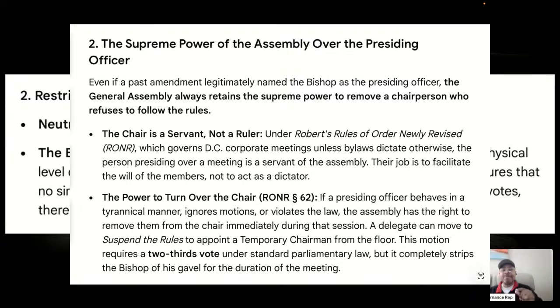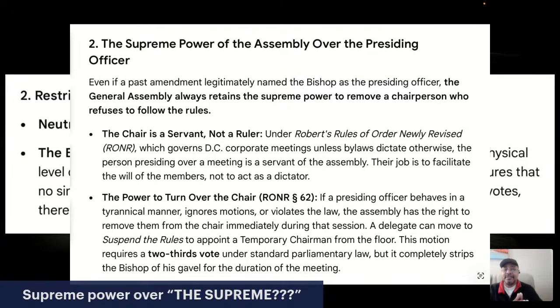Even if a past amendment legitimately named the bishop as the presiding officer, the General Assembly always retains the supreme power to remove a chairperson who refuses to follow the rules. The Assembly always, it does not have to be in black and white.